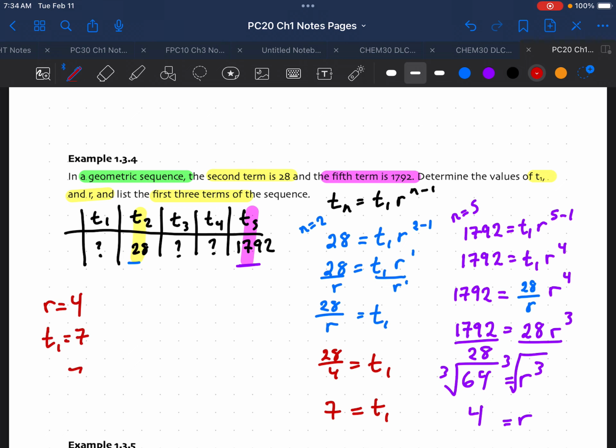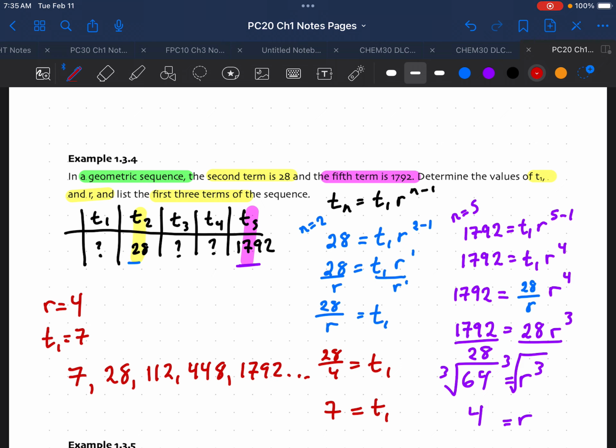So my geometric sequence goes 7, 28, then 28 times 4, I've got to figure that out, 112, 448, 1792, dot, dot, dot.